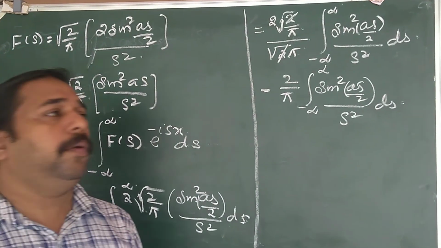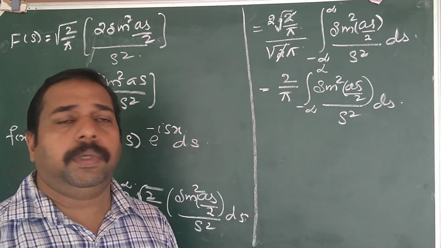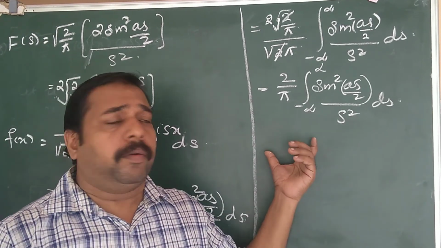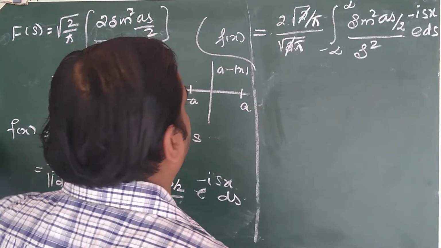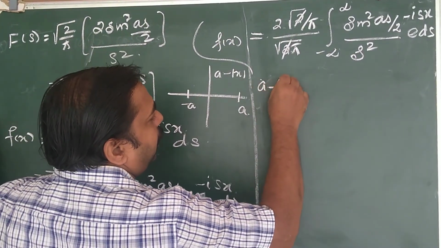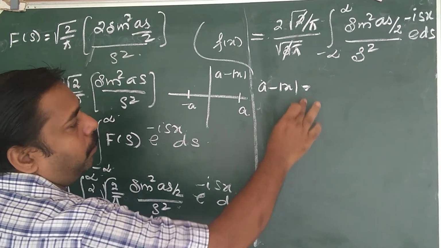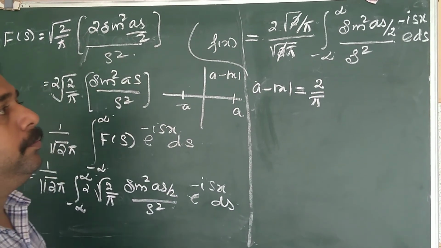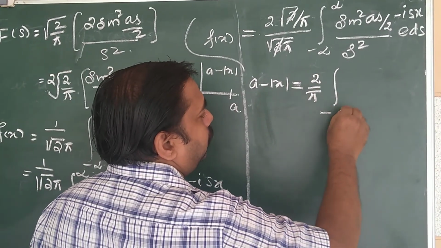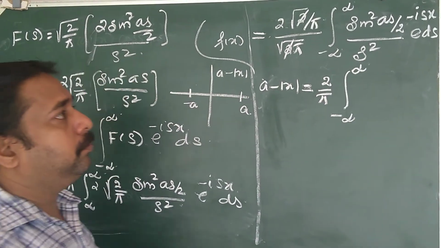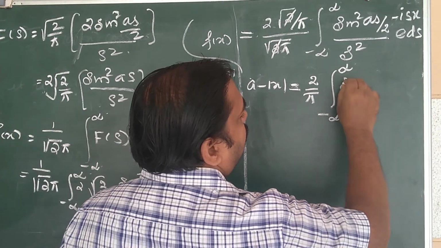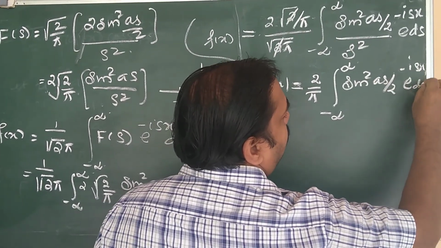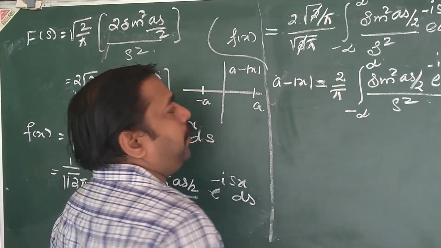So what is to find? We have to find that the integral minus infinity to infinity of sin square t by t square is equal to pi by 2. That is our aim. So f of x is a minus mod x, equal to 2 by pi integral of sin square as by 2 e raised to minus isx ds whole divided by s square.